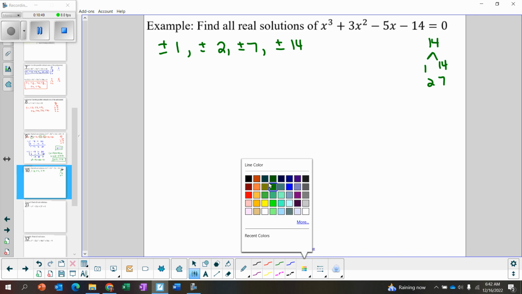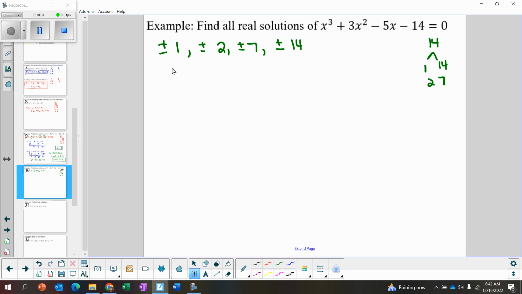All right. So let's say we tried positive 1. We have 1, 3, negative 5, negative 14. So we get 1 is 4, 4 is negative 1, negative 1 is negative 15.